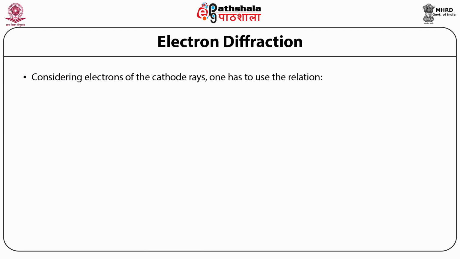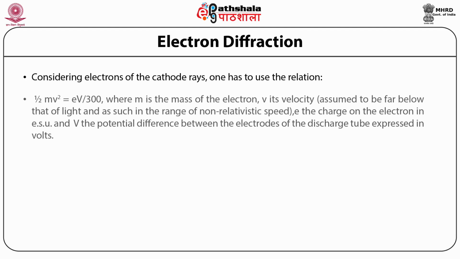Considering electrons of the cathode rays, one has to use the relation 1/2 mv square equal to eV upon 300, where m is the mass of the electron, v its velocity, assumed to be far below that of light and as such in the non-relativistic range, small e the charge on the electron in ESU, and capital V the potential difference between the electrodes of the discharge tube expressed in volts. m square v square is equal to 2m eV upon 300, or mv is equal to under root of m eV upon 150.